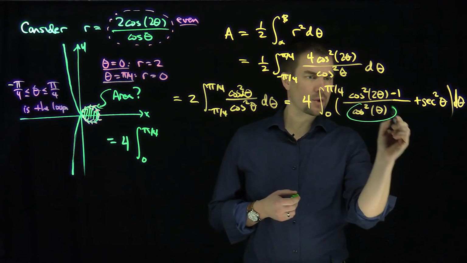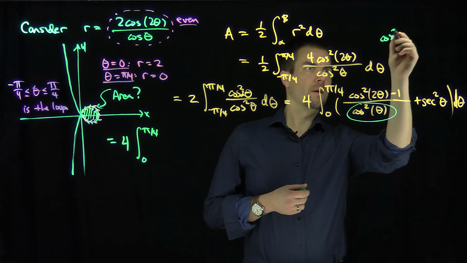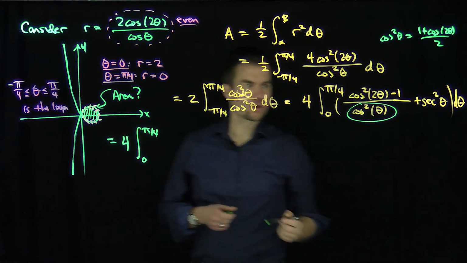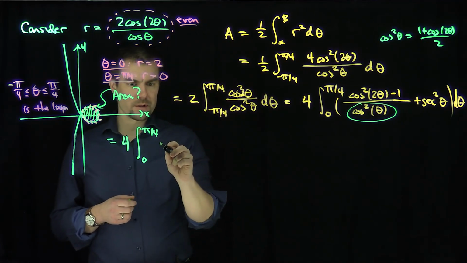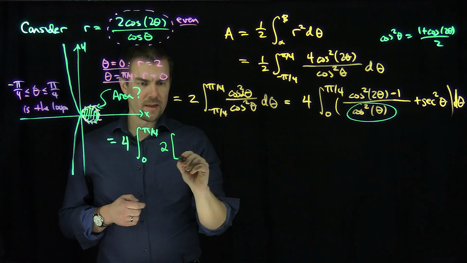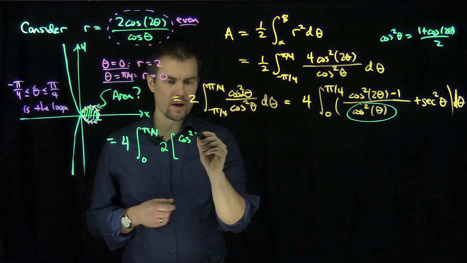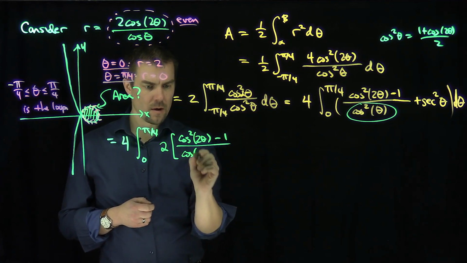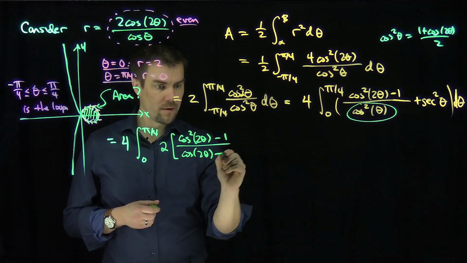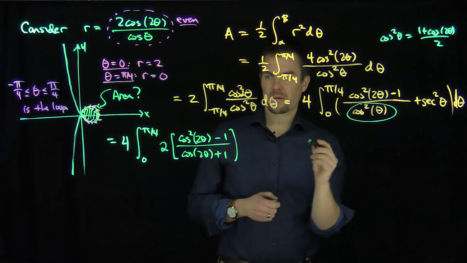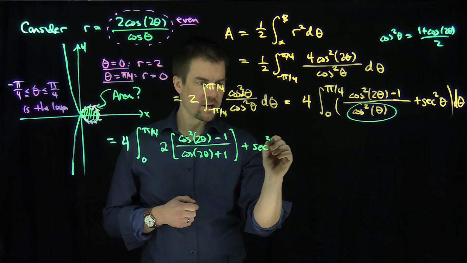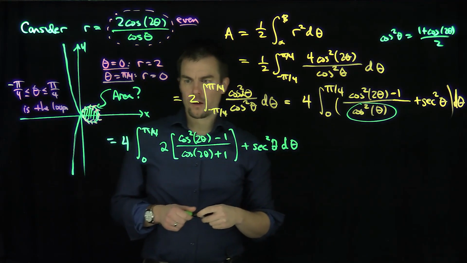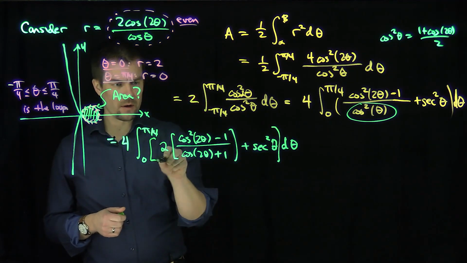Now I'm going to use power reduction on cosine, writing cosine squared of theta as 1 plus the cosine of 2 theta over 2. So on the top, this first term is a factor of 2, and then I have cosine squared of 2 theta minus 1 over cosine of 2 theta plus 1, then plus secant squared of theta d theta. Of course, all these things are in big parentheses.